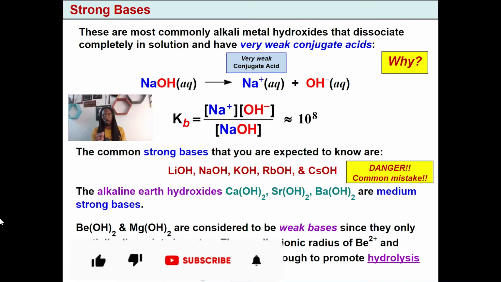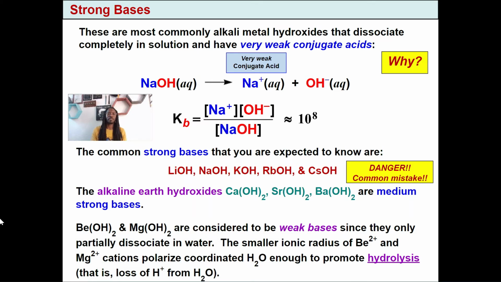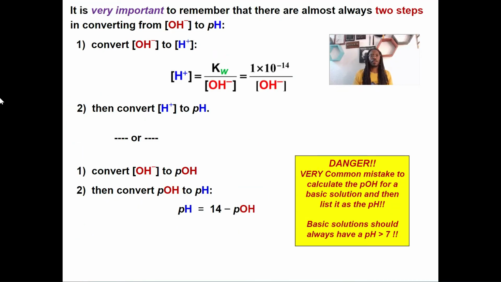That's going to impact coordination with the water. So it is that type of play. But basically, just know beryllium and magnesium are weak bases, but everything else is probably a strong base.